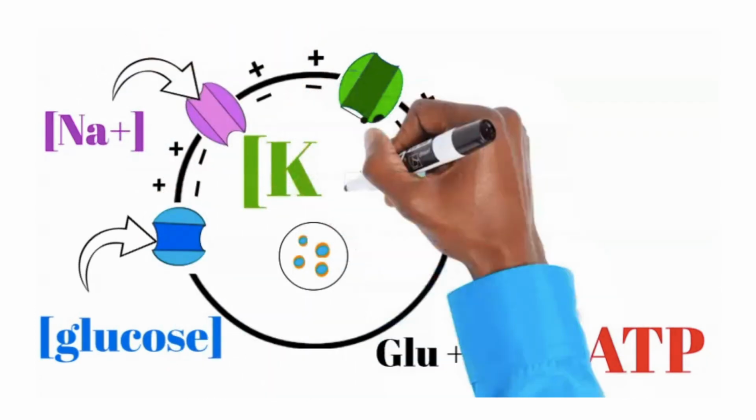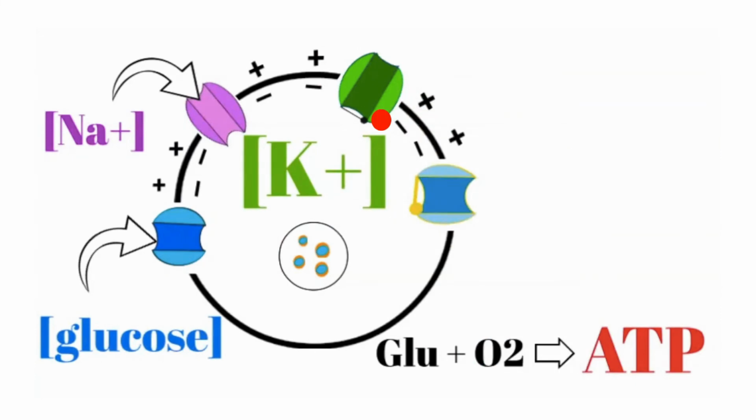Sodium is going to keep coming into the cell, but potassium can no longer leave. So with potassium leaking in, we now have a much larger, if you notice this green potassium right here, that's much larger than I had it drawn in the previous images. So we now have an increased concentration of potassium within the cell.